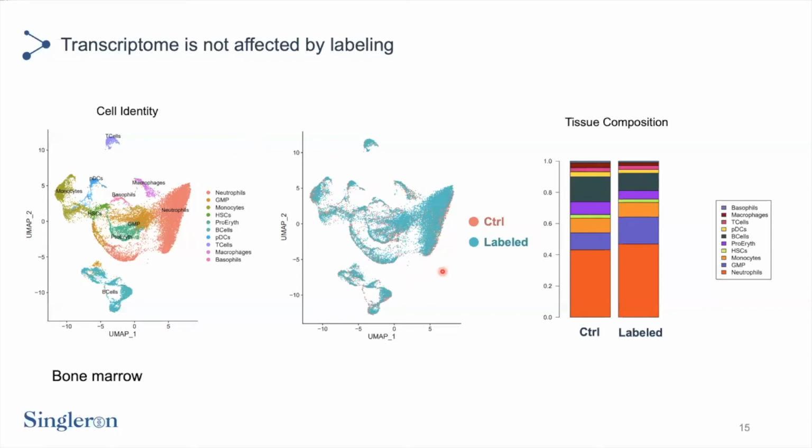This suggests that the transcriptome after this labeling is not affected. Also, you can look at the cell type composition in the tissue, and you can see that there is not much change between control and labeled samples. So overall, we can clearly say that with this technology, with this labeling, the whole transcriptome is not affected, and there is no side effect.